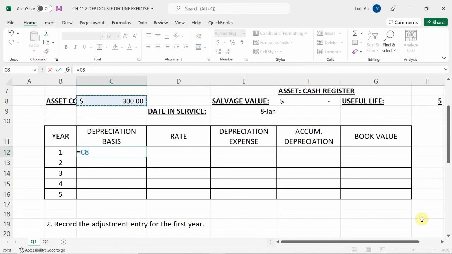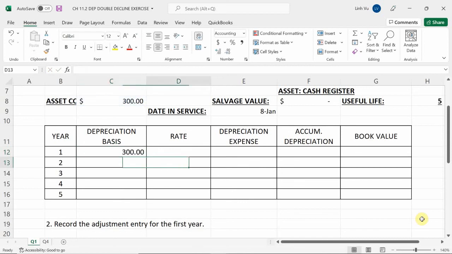In the first year, it's whatever amount you purchased it for, so 300. What's my rate going to be? 40%. It's 1 divided by the estimated useful life of 5, times 2. So you should get 40%.